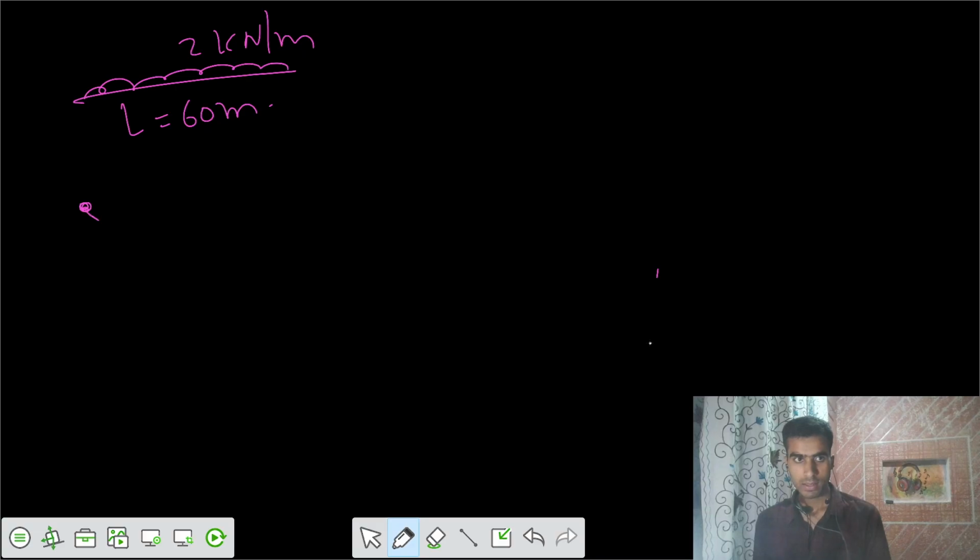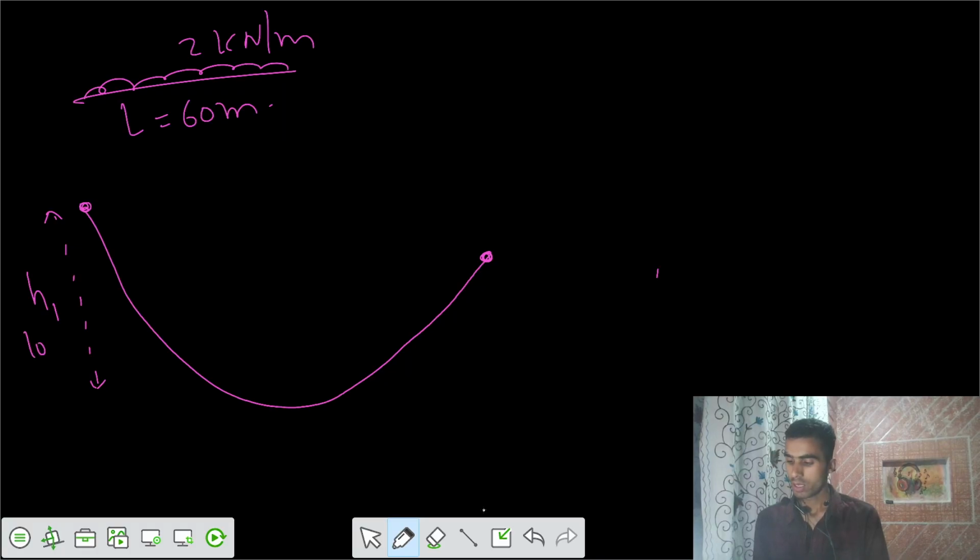Such that the sag at one support is 10 meter. Let's write it in one more way. Sag is in this way, sorry. Let's say this is some sag H1, equal to 10 meter, and from this side we have sag H2 equal to 5 meter.